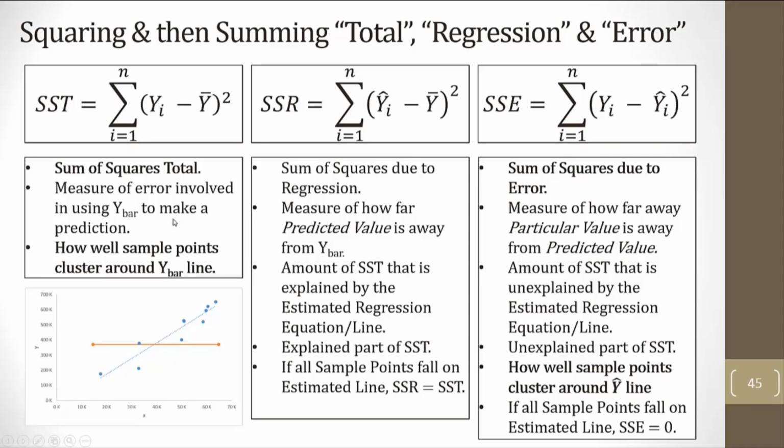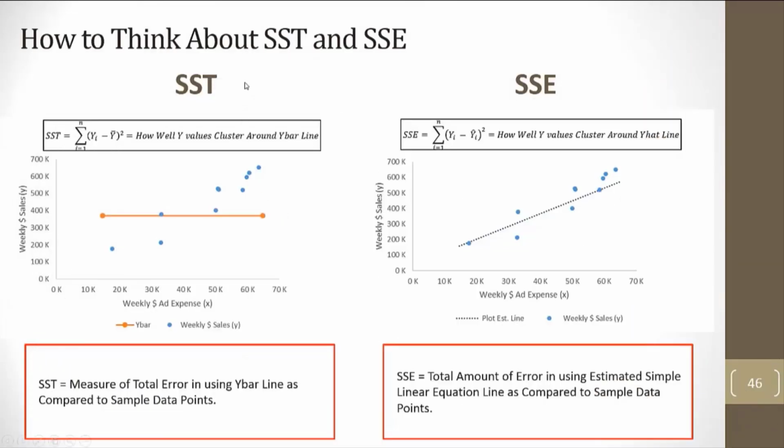Now, I want to be sure that we're thinking about SST, SSR, and SSE in the right way. So when we go to our next slide, SST, you can think of this as how well the actual particular values are clustered around the y-bar line. When we get to SSE, you can think of that as how well the particular values cluster around the estimated regression line.